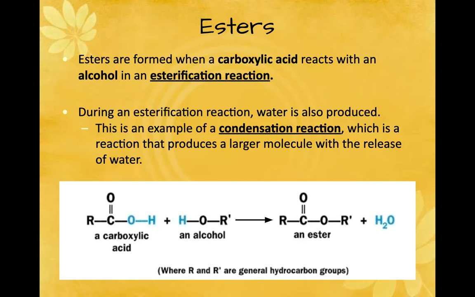So here is the general formula for an esterification reaction. You've got a carboxylic acid reacting with an alcohol, and then water is removed, 2 H's and an O, and then they join together to create the ester and water.